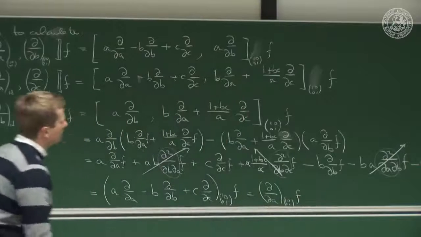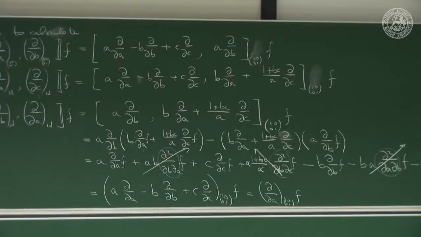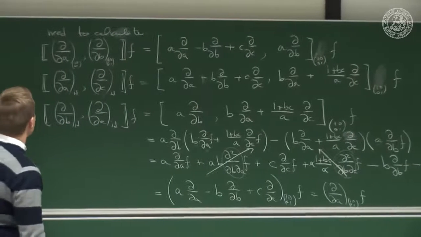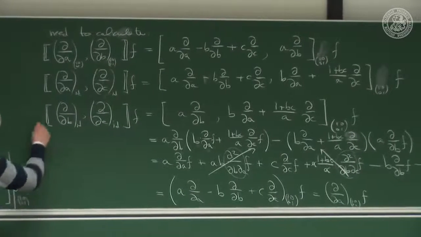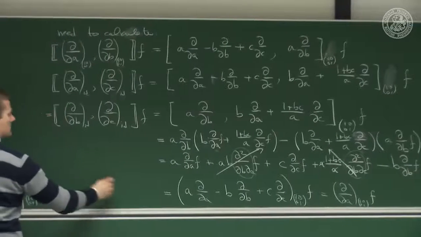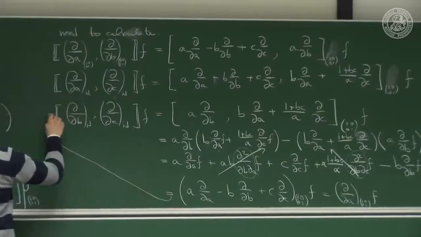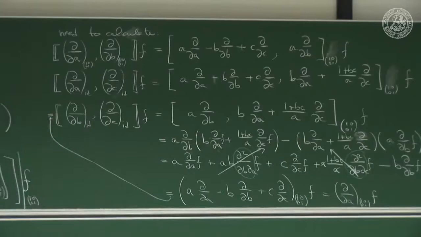on F. Aha. Okay, so we evaluated this bracket, and so maybe we denote this here. So this bracket, so this is the equation, the equal sign that comes from here.